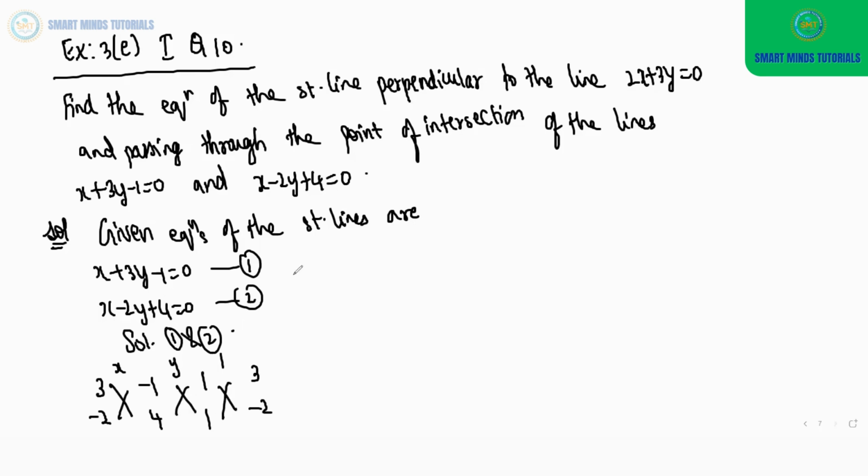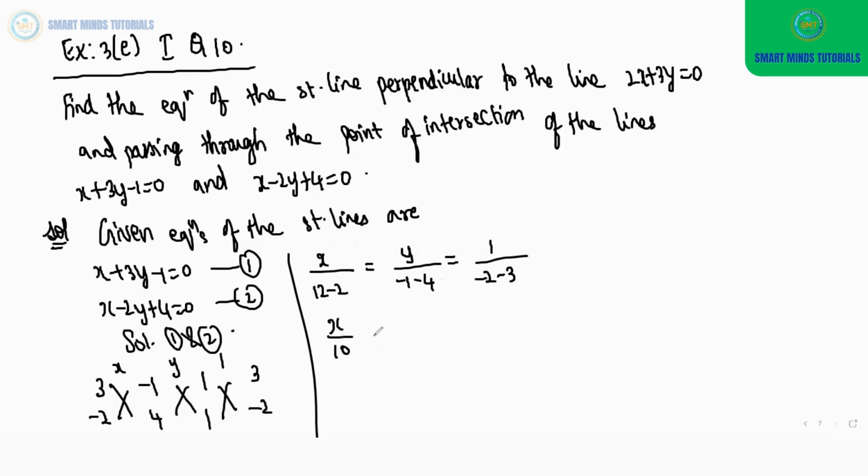Now cross multiply. So if you cross multiply, you will get x by 12 minus 2 is equal to y by minus 1 minus 4 is equal to 1 by minus 2 minus 3. So x by 10 is equal to y by minus 5 is equal to 1 by minus 5.